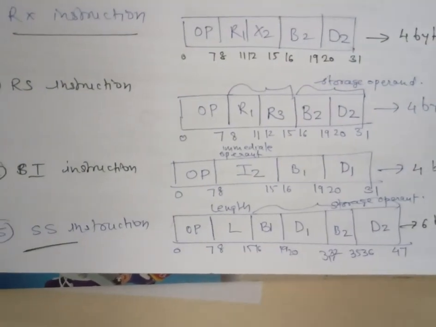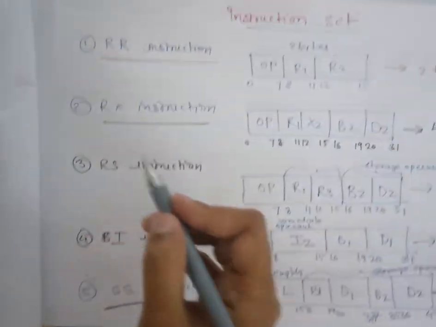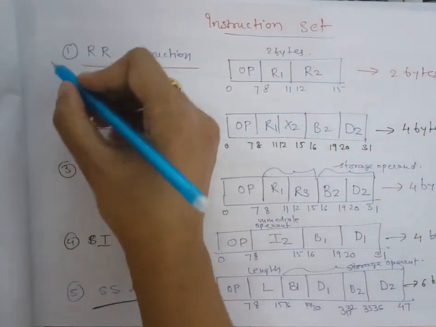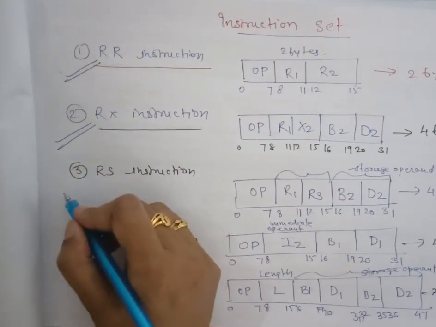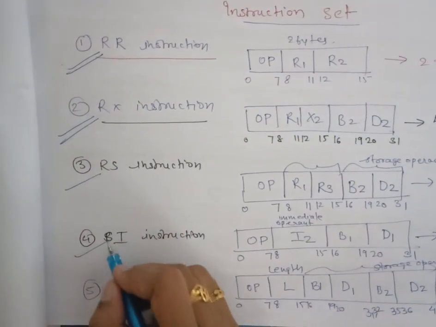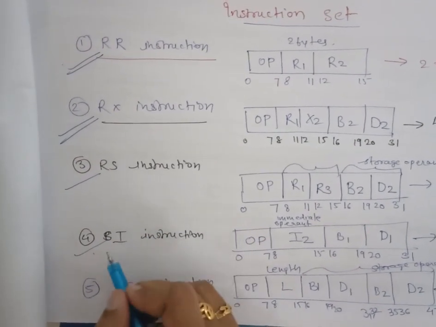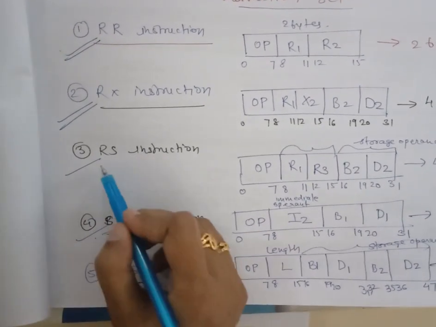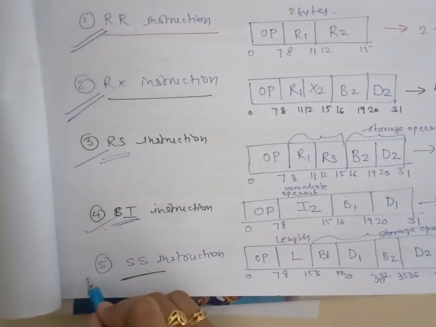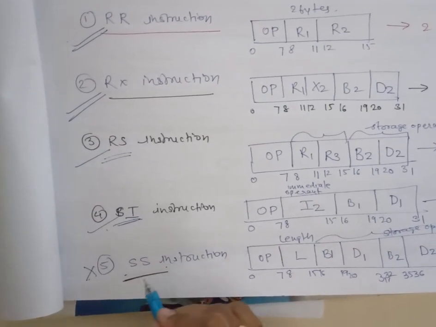Here we have to remember mainly the RR instruction and the RX instruction. We use RS and SI rarely in our assembly programming, but I am going to teach you how and where we use the SI and RS instructions. The SS instruction is rarely used.